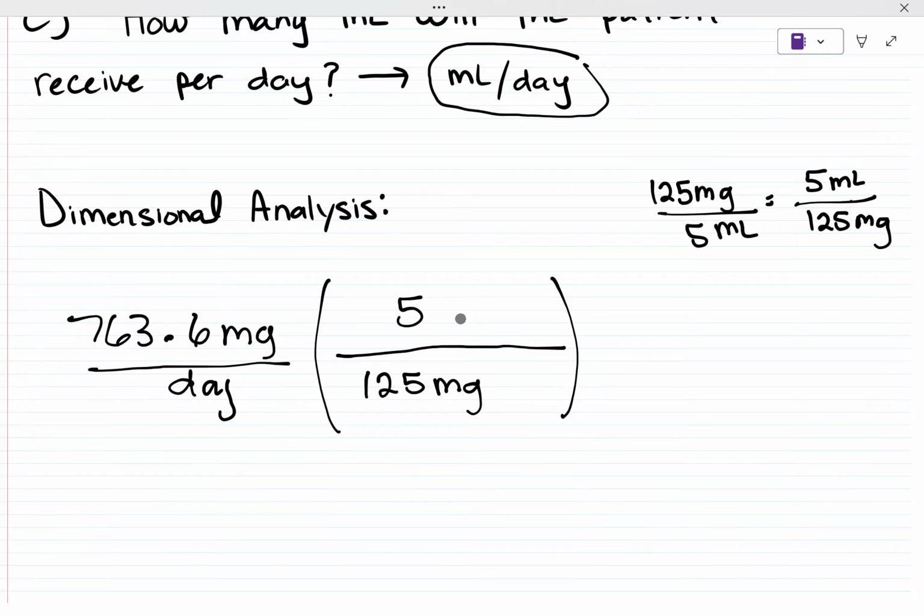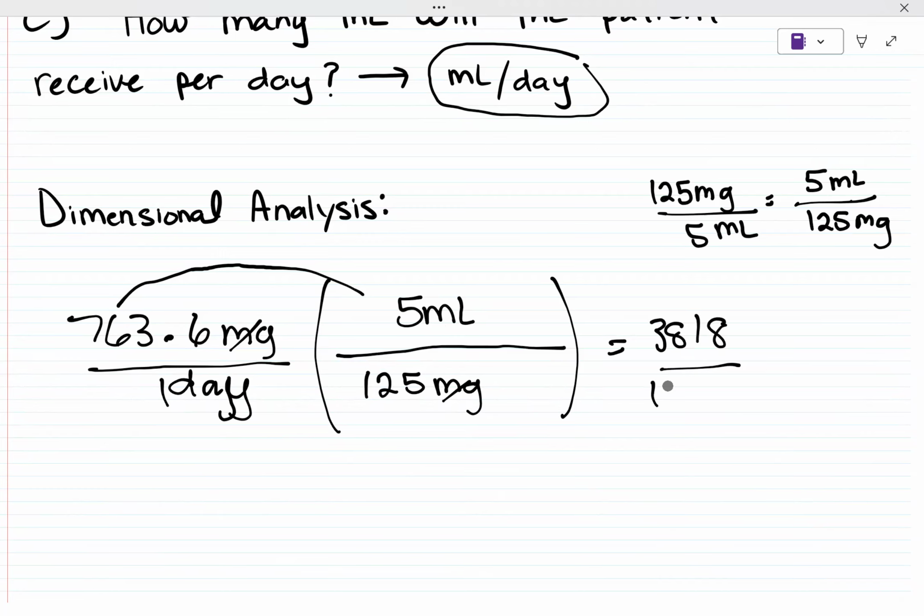So that's what I'm going to do, because that'll get rid of my mg. Now the mg disappears, and you have milliliters on top and day on the bottom. That's perfect because that's what we want. So all you got to do is do the multiplication. 763.6 times 5 is 3818. And then on the bottom, it's 1 times 125, that's 125.